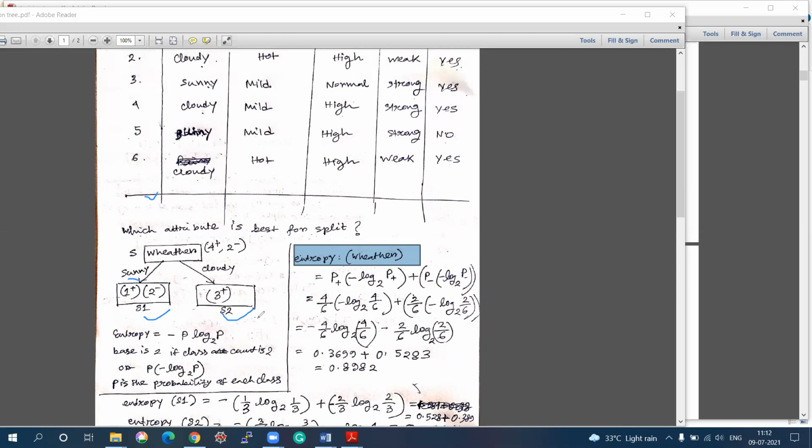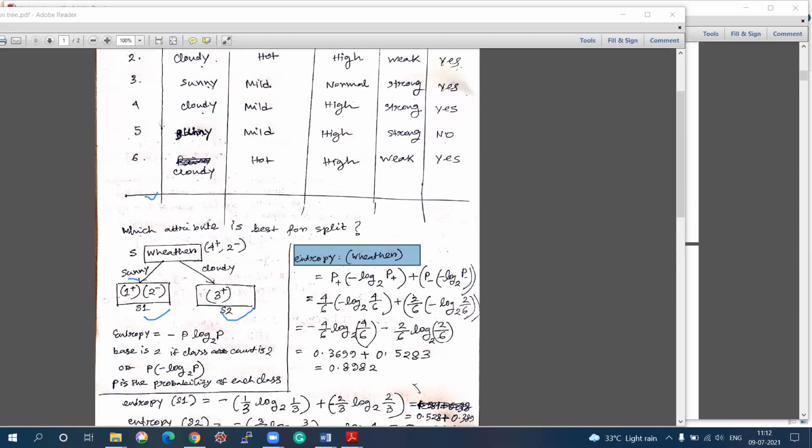Okay, so I have said that entropy is the measure of impurity or uncertainty. If the entropy is high, then the uncertainty is high.